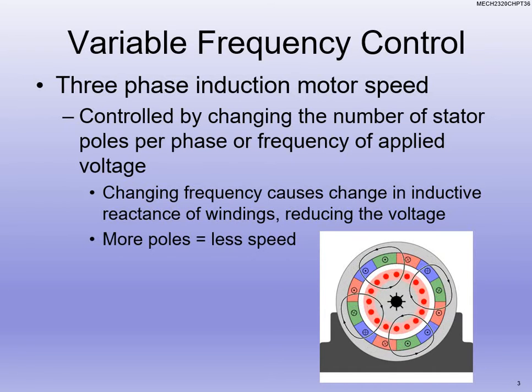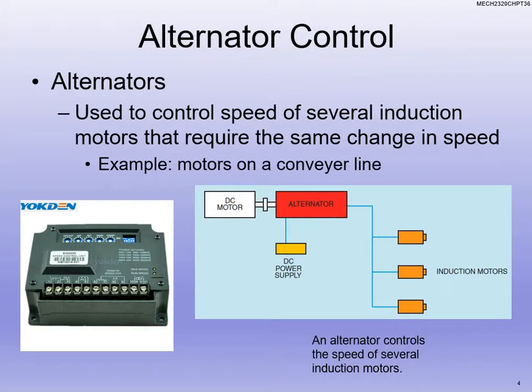Increasing or decreasing the number of poles was more with the consequent pole motors. So we're going to get into actual VFD controls here, where we take a device, a variable frequency drive control, and put it in line with the motor. And we want to be able to change the frequency of that.